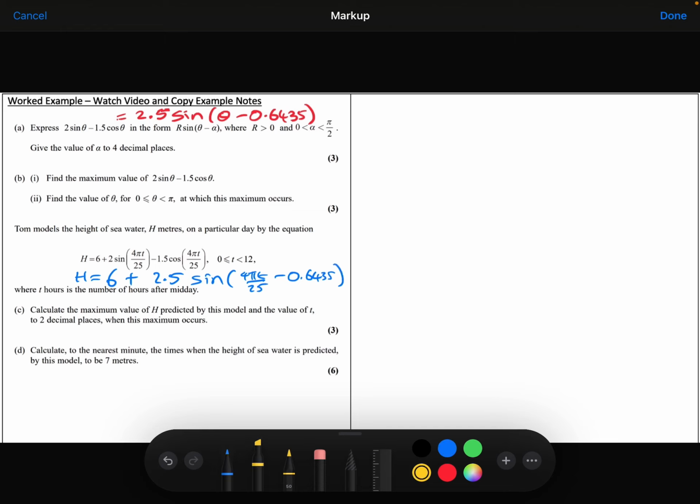So just to repeat, all I've done there, I've kept the 6 at the front, nothing I'm going to do with that. But then I've rewritten this as this, just replacing the theta with the 4 pi t over 25, because the theta is 4 pi t over 25.